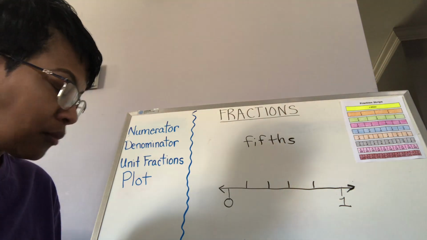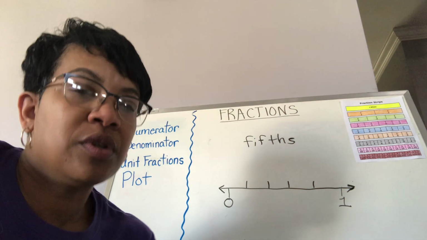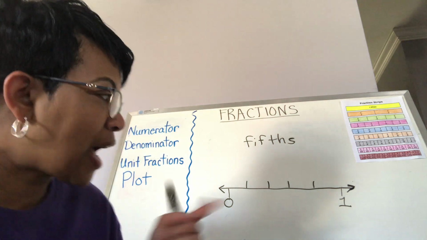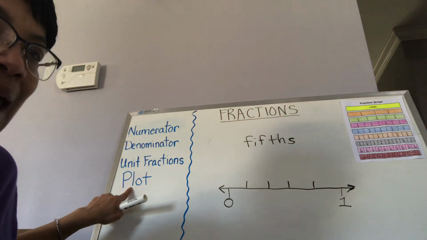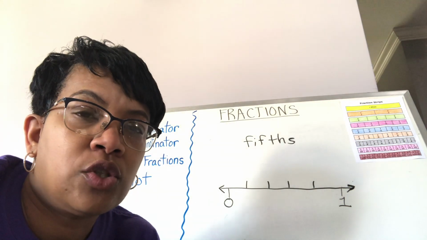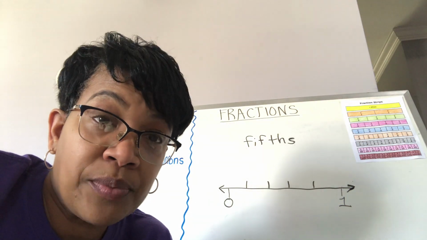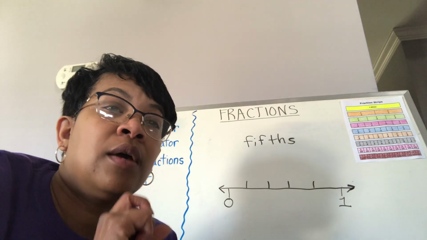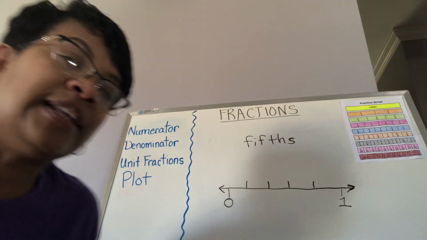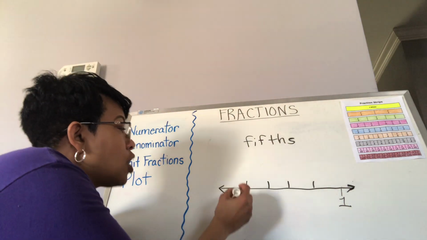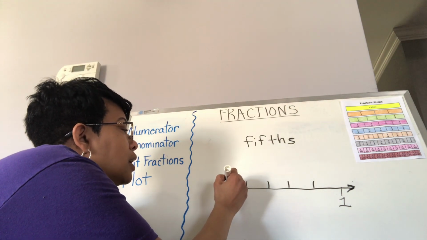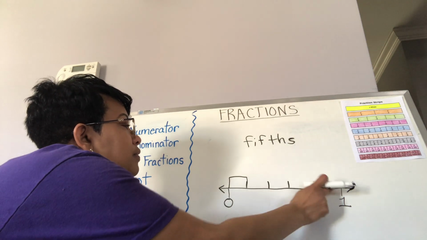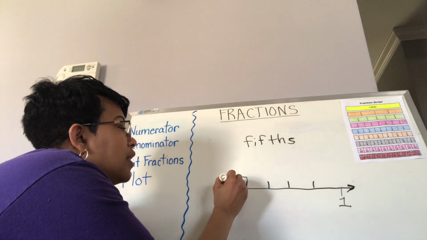Now, we talked about the unit fractions on Monday, remember? So at the top of this number line, before I do any plotting, I am going to make fraction strips to represent each unit on the number line for fifths. I'd like you to do it with me. So from here to here, 1, 2, 3, 4, 5, that's 1/5.